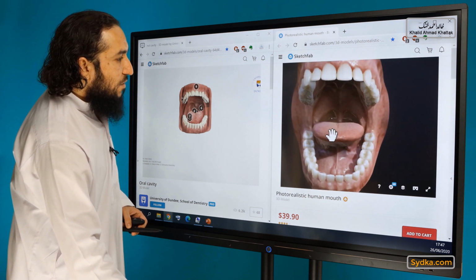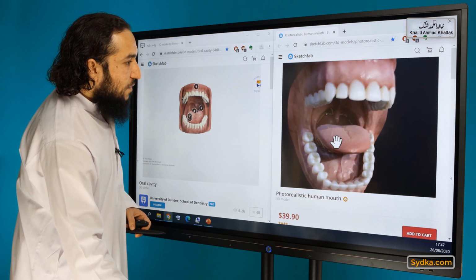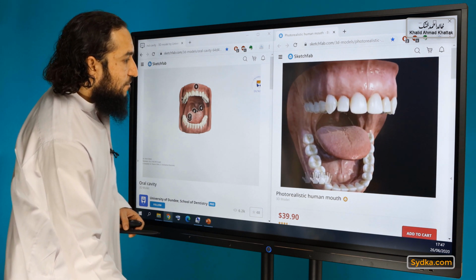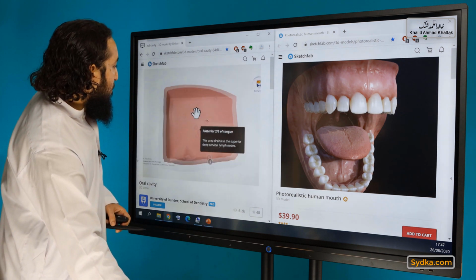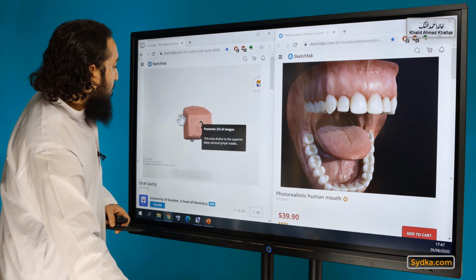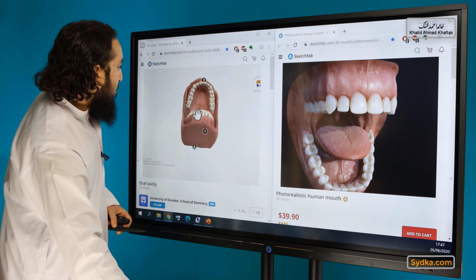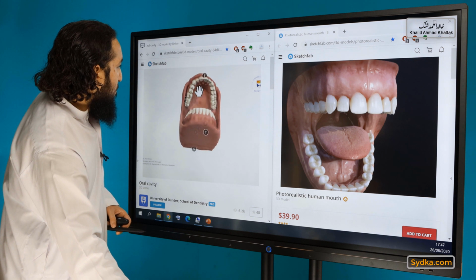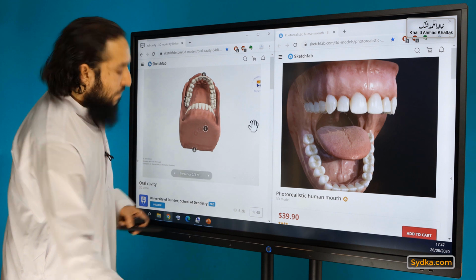As we have the mouth, the tongue, I come to this diagram.